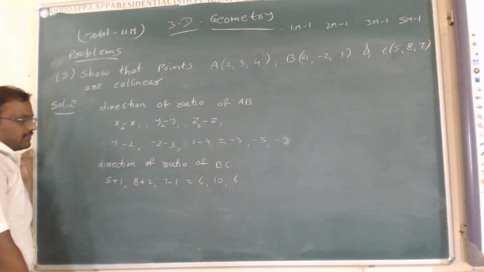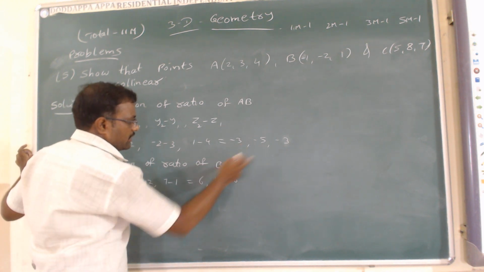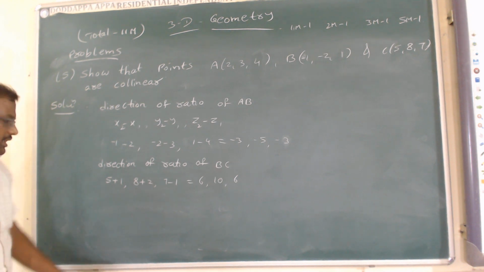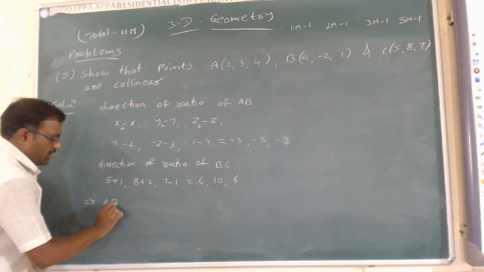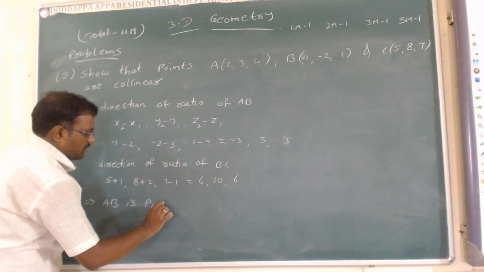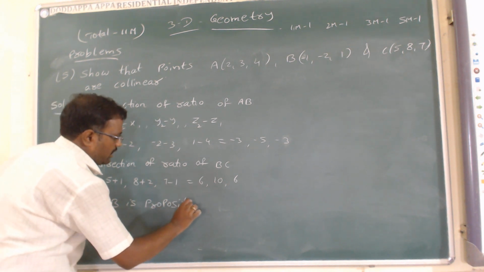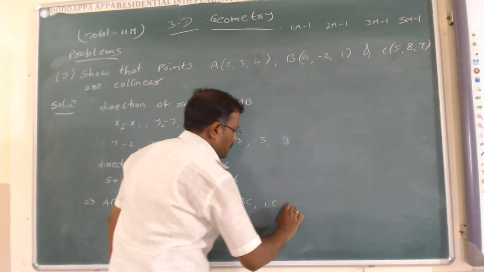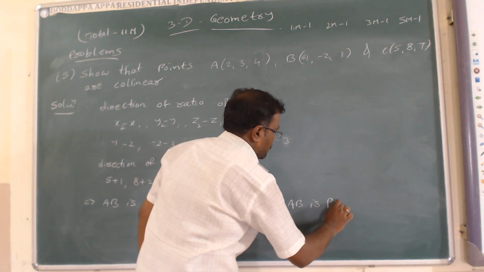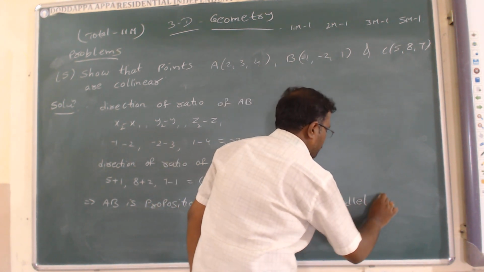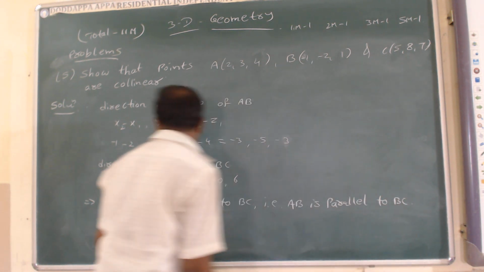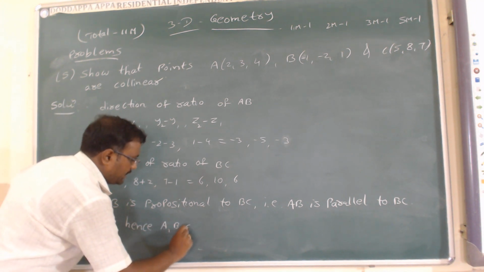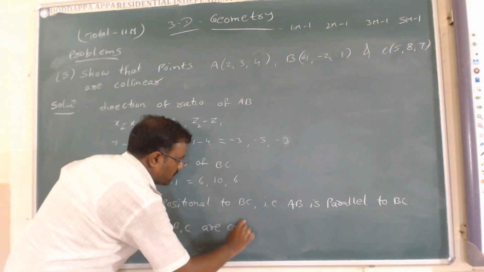Now you can observe that 3, 6; 5, 10; 3, 6, and opposite in sign. Therefore AB is proportional to BC, that is AB is parallel to BC. Hence A, B, C are collinear.